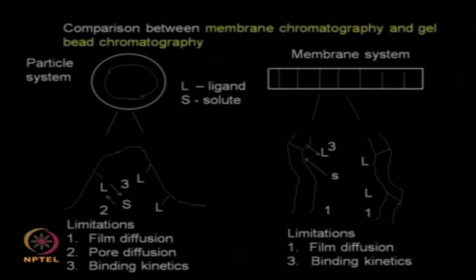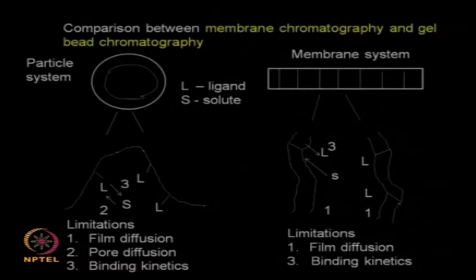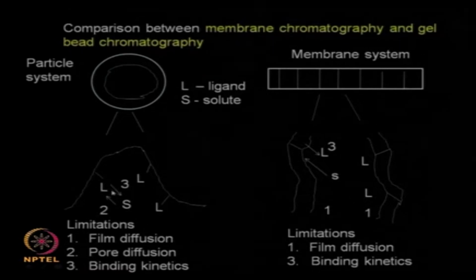So how do membrane chromatography and gel based chromatography look? We are all familiar with the gel based or the liquid chromatography. So you have a particle, which is nothing but a support, then we will have the ligand molecules here, and then we have the solute which will get in contact with the ligand.